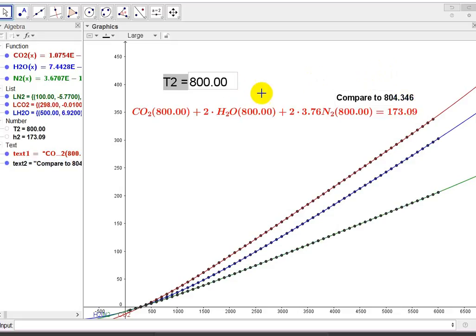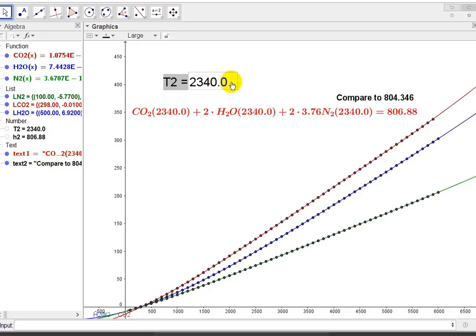So 800 is clearly too low, and so let's raise our temperature up some. If I raise my temperature up to 2,300, I'm getting closer. That's definitely better. If I went to 2,400, let's see what would happen. Okay, now my temperature is too high, so now I have to start bringing it down, see if I can find it. So let's try 2,340.